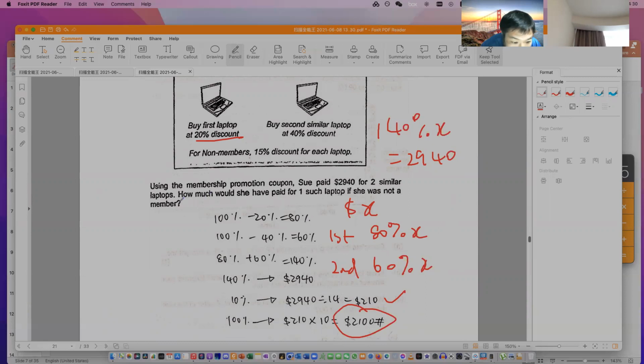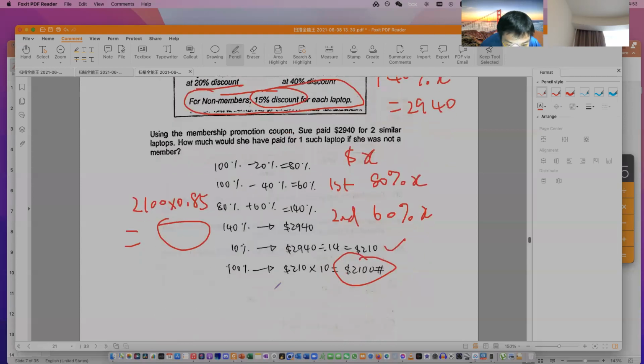The question asks, how much would she have paid for one such laptop if she was not a member? Not member, can you see not member? So you will get a 15% discount. So 2100, you get a 15% discount, so you times 0.85. That's the price.